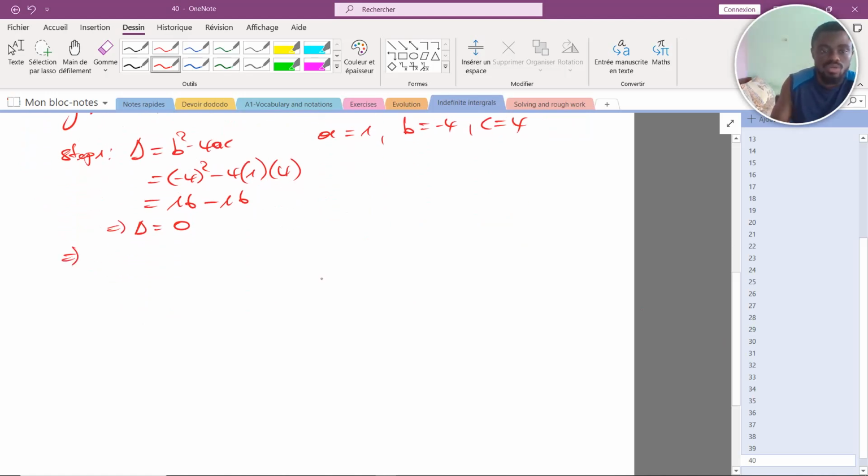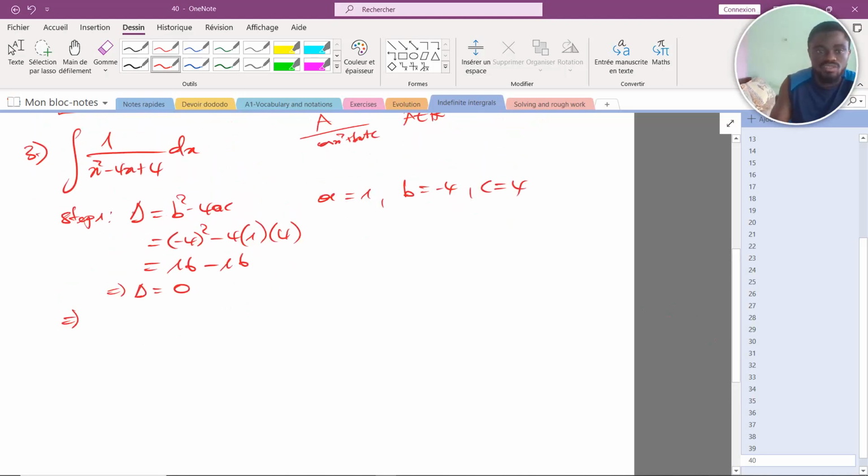It simply implies that this quadratic expression has real and repeated roots. So it implies x squared minus 4x plus 4 has real and repeated roots.